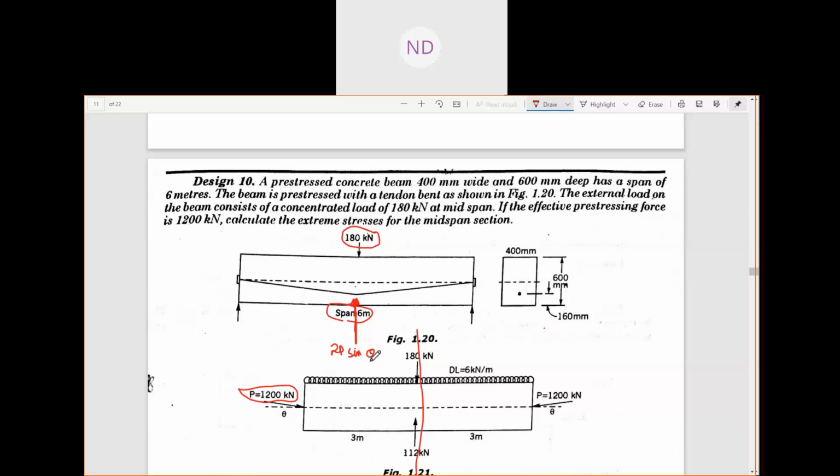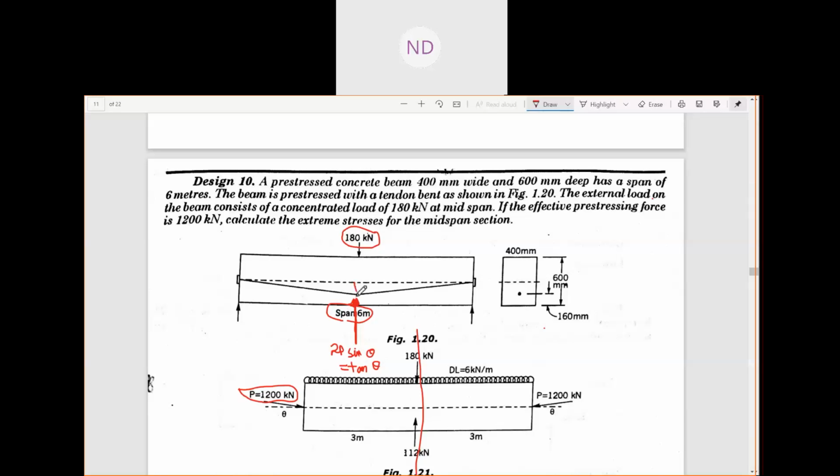We can also write this sine theta as tan theta, because theta is very, very small. Once we know tan theta, we can find out the 2P tan theta value.